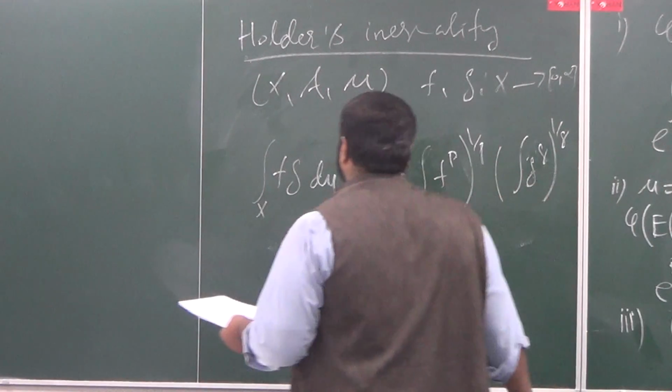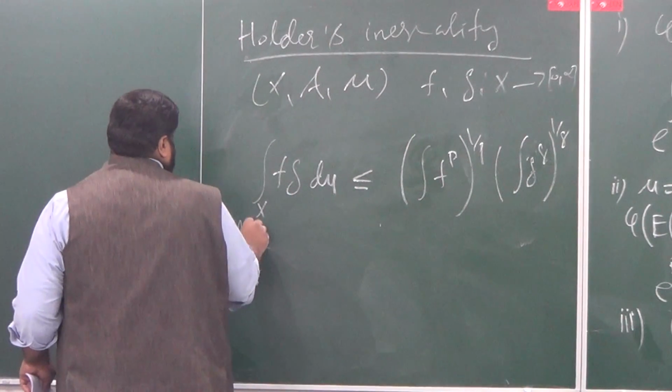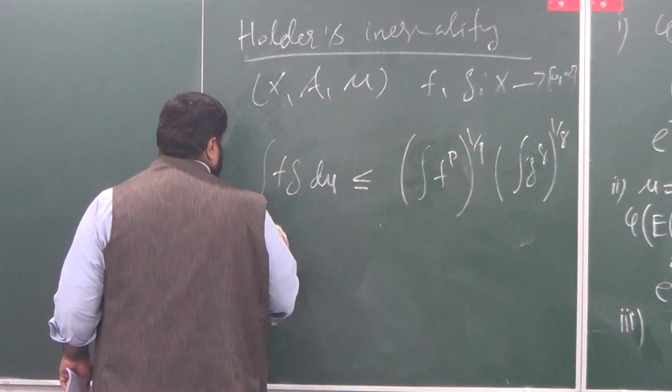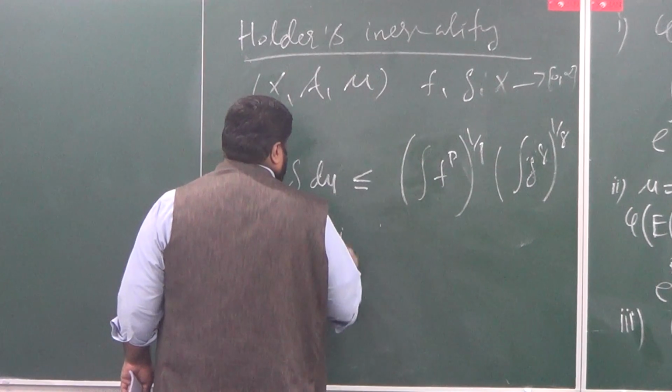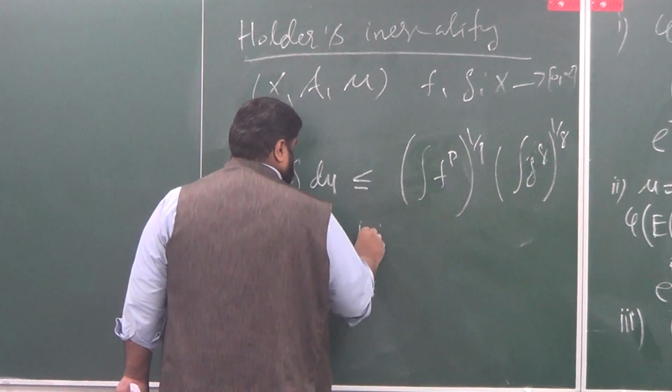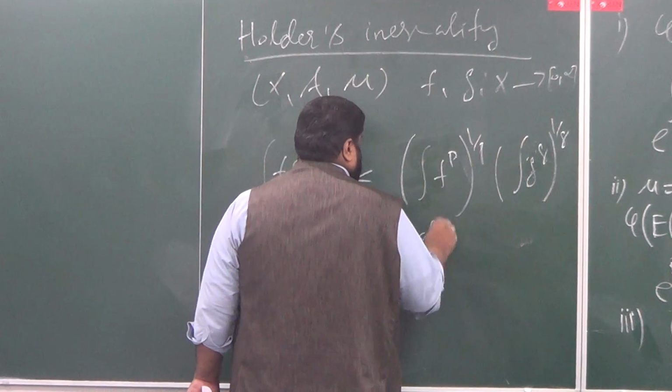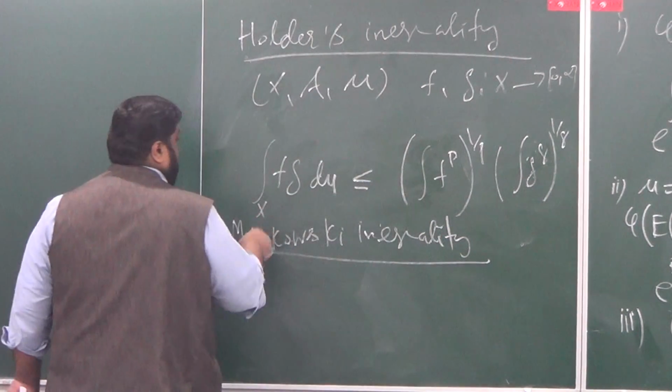Similarly, you can also write the Minkowski inequality. I'm proving one; the other you can think about doing yourself and read the proof. The Minkowski inequality is about the sum.